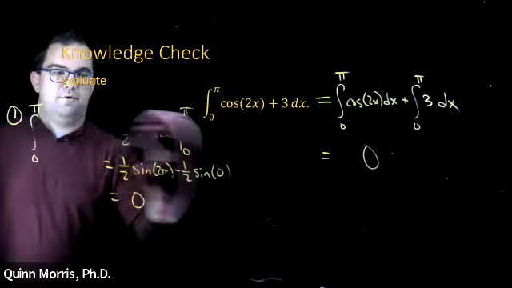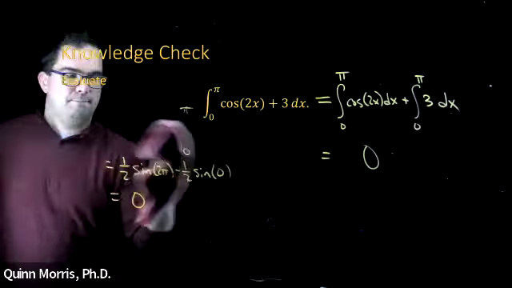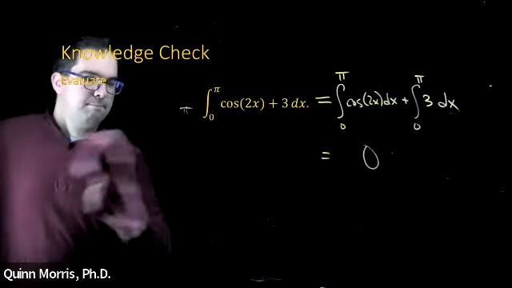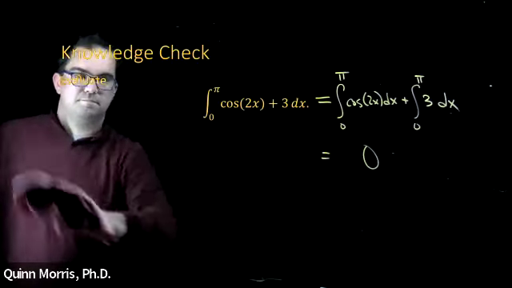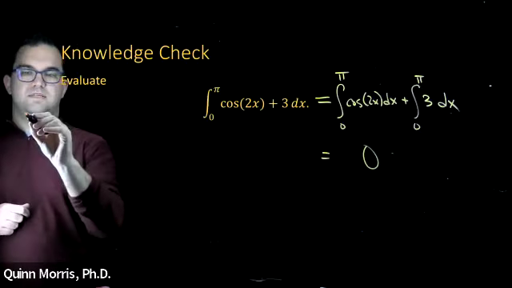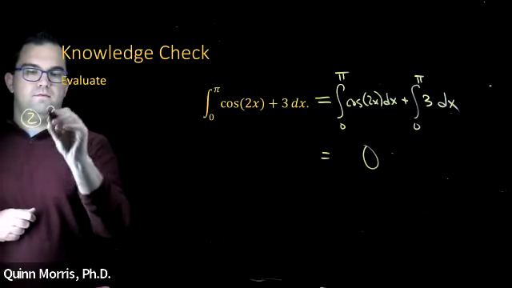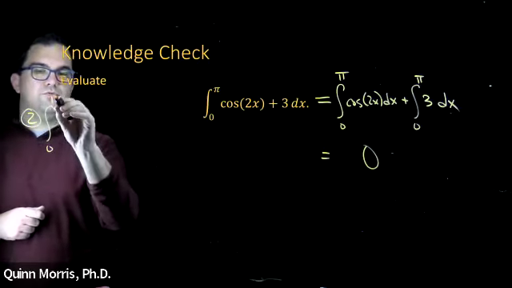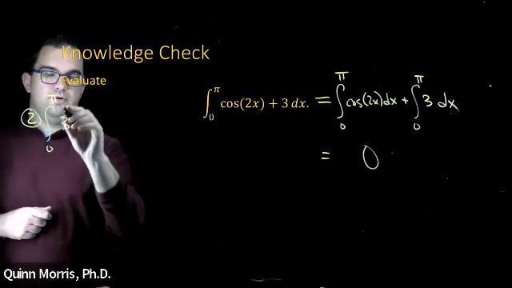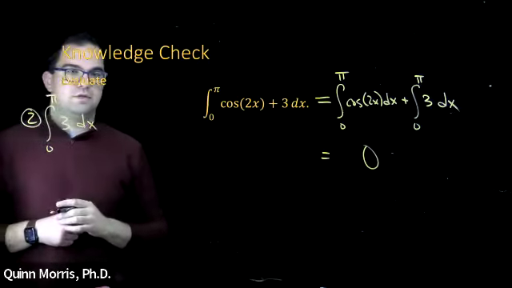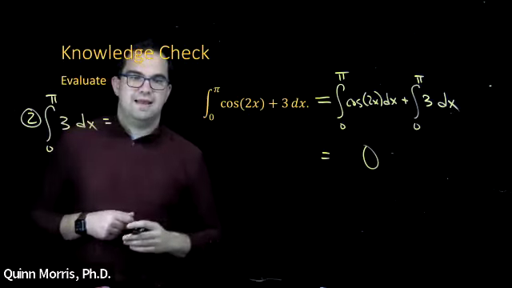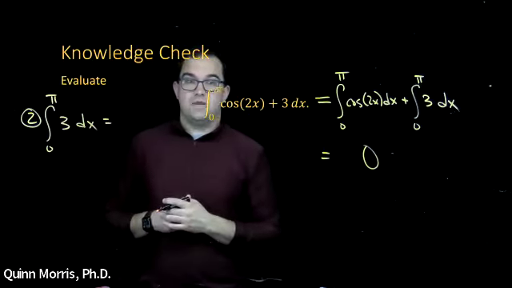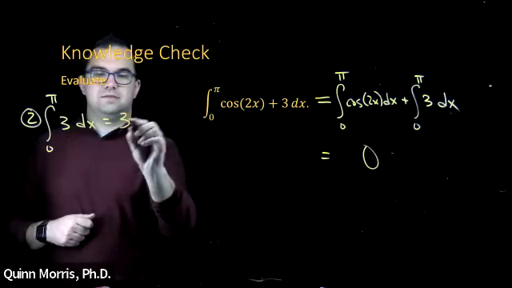Now let's look at the second part. So looking at the second integral, we want the integral from 0 to, sorry, 0 to pi of 3 dx. So the first thing we need is an antiderivative of 3. That sounds like 3x.